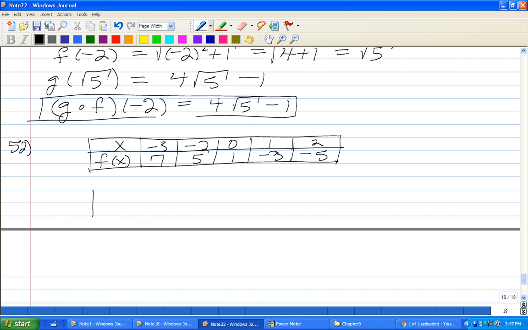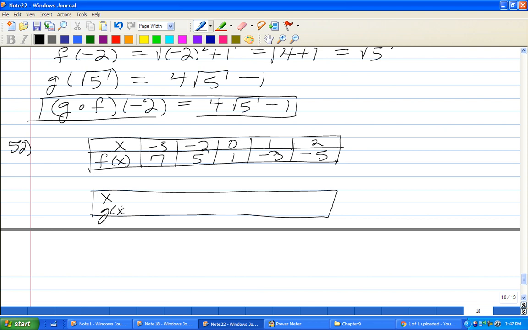Let's do g: 1, 0; 2, 1; 3, 2; 4, 3; 5, 4.